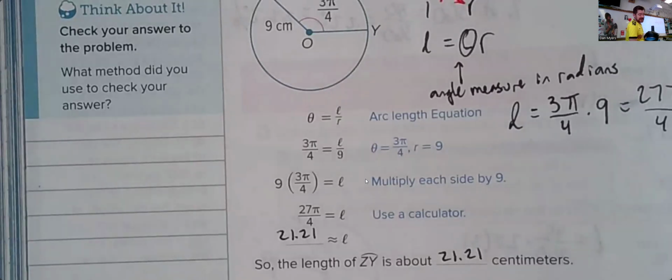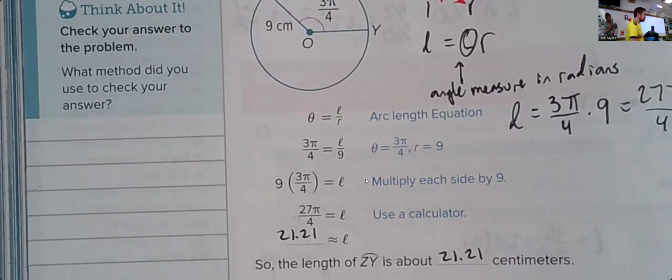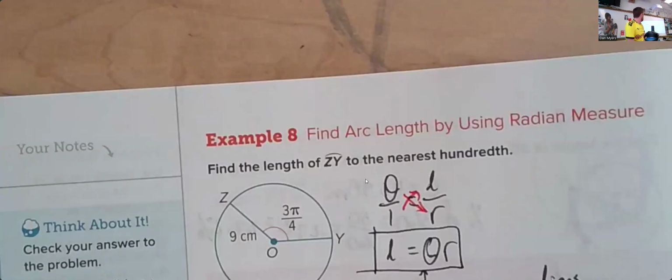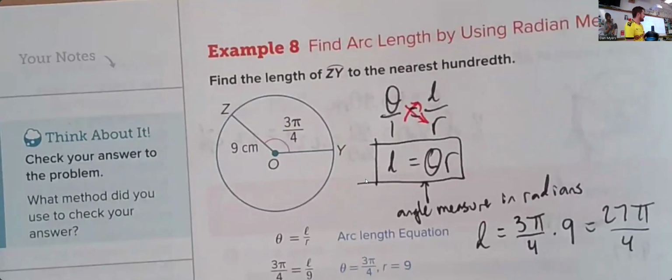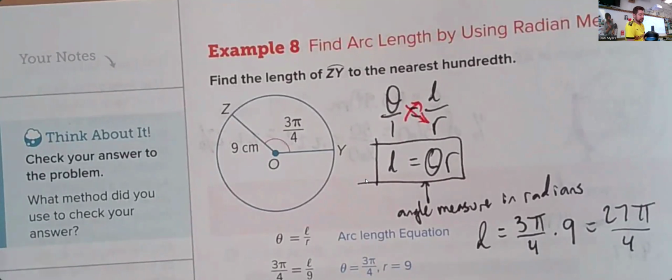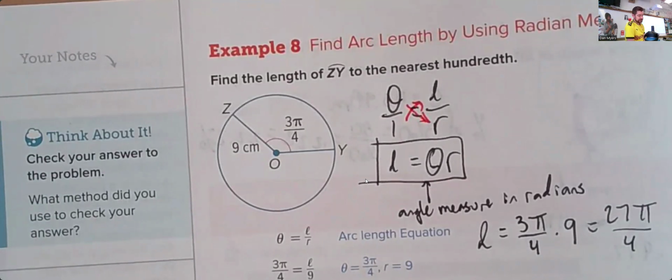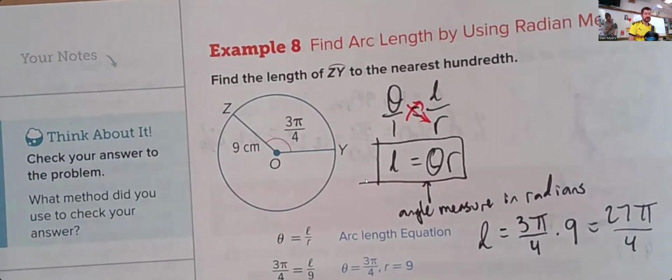All right, I want you to answer that last one on your own. Just use this formula here. Length is equal to the measure in radians times the radius. It'll make your life a little bit quicker and easier. Take a minute on that.